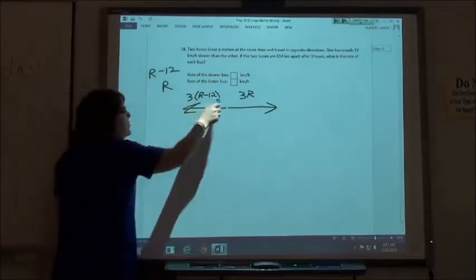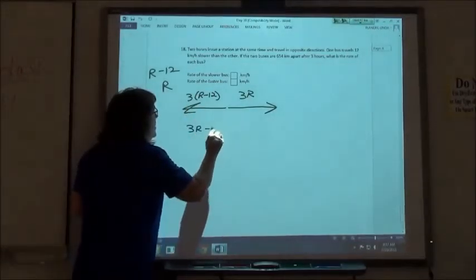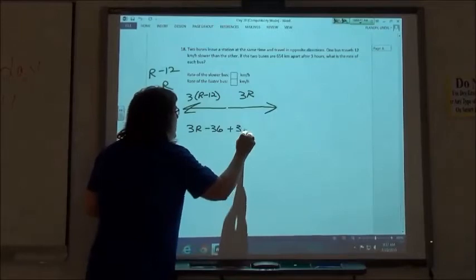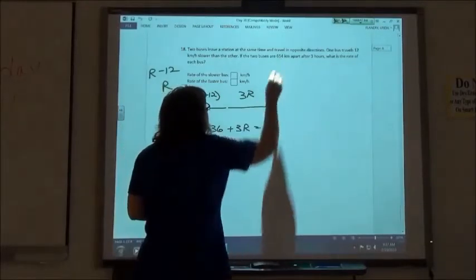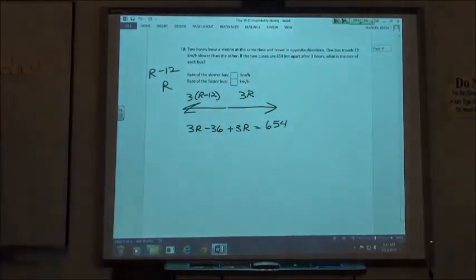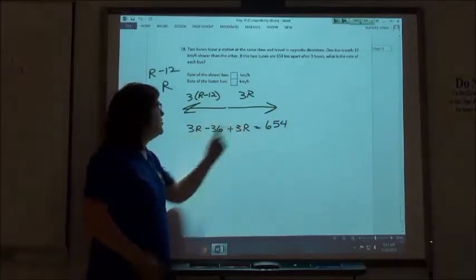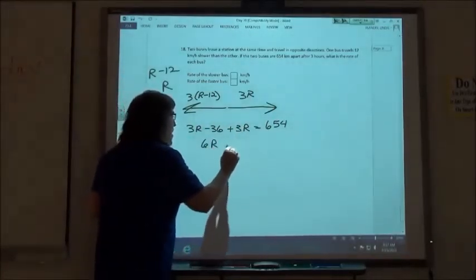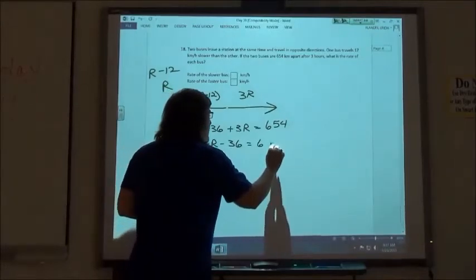So if I go ahead and distribute that out, 3r minus 36 plus my 3r is going to equal the total distance they are apart, 654. So 3r plus 3r would give me 6r minus 36 equals 654.